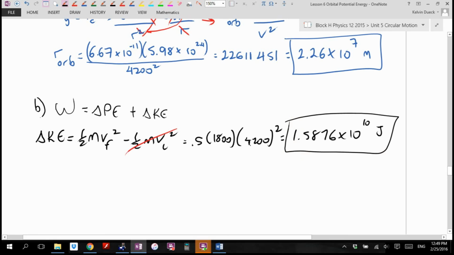That's how much work to keep it up there. Kev, what else do we need to find?